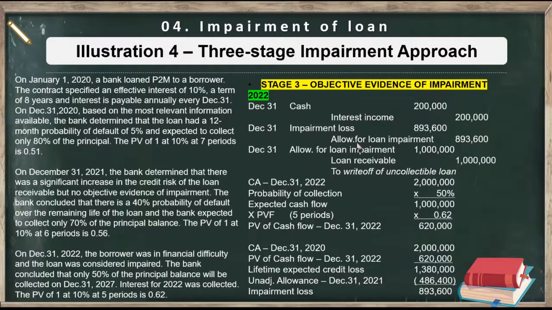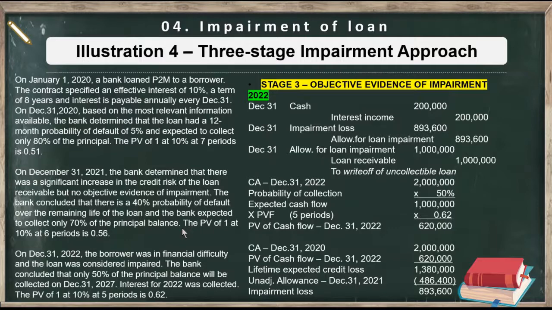Debit allowance for loan impairment and credit loan receivable. So we write off the uncollectible loan because here it concluded that 50% of the principal will be collected on December 31, 2027.